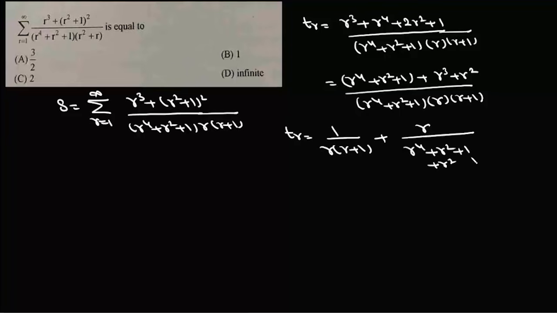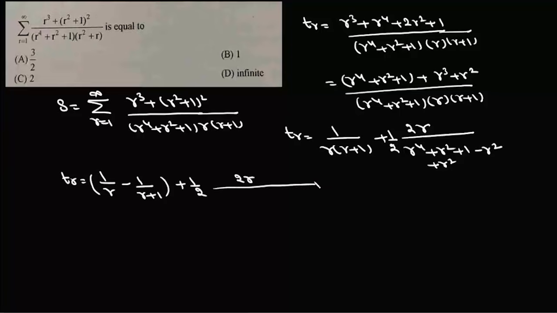Now here we'll add r square and we'll subtract r square, and also we multiply and divide it with 2. So we can write this tr as 1 upon r minus 1 upon (r plus 1) plus 1 by 2 times 2r upon (r square plus 1) whole square minus r square, a plus b, a minus b.